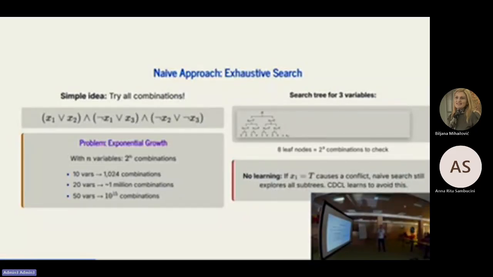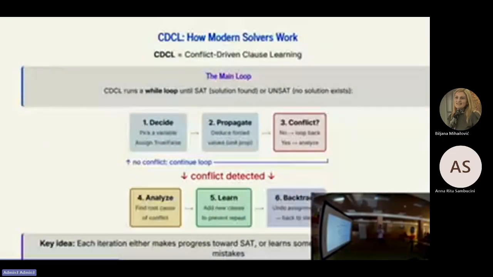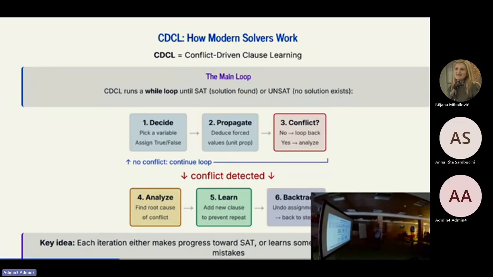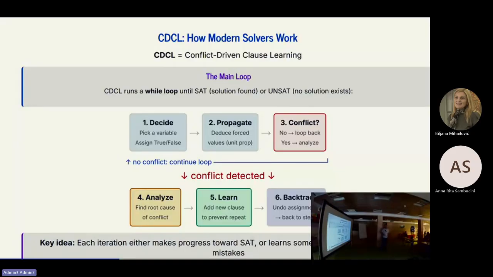One of the possible solvers is the CDCL solver. It means conflict-driven clause learning, and it works in this way. We have basically the main loop, and in the main loop, we just pick a variable, assign true or false, and then we can propagate, I mean, deduce first values in the formula, and we can detect a conflict.